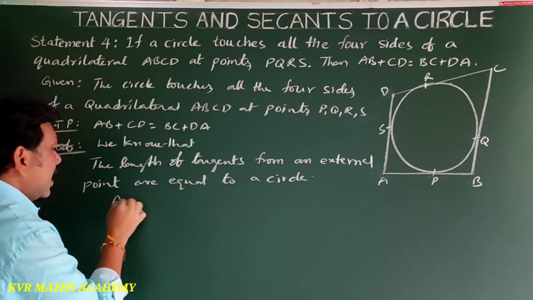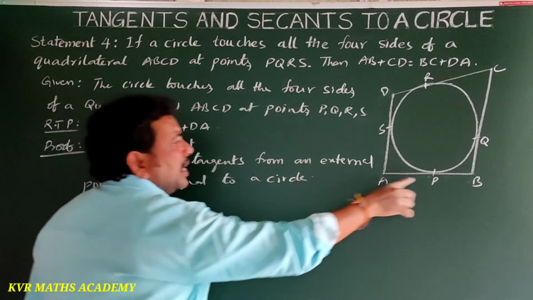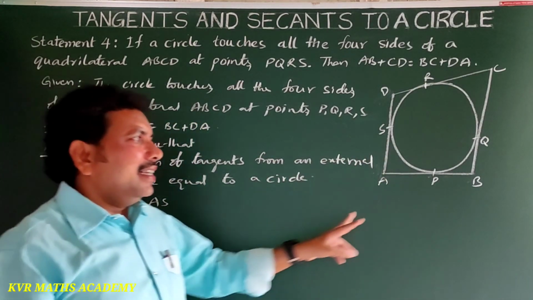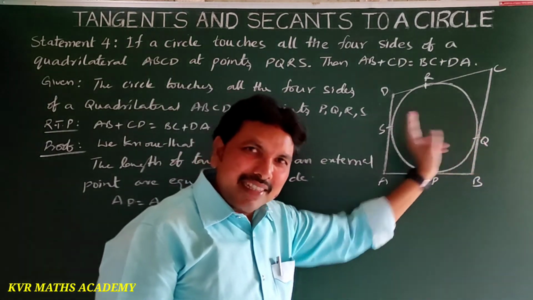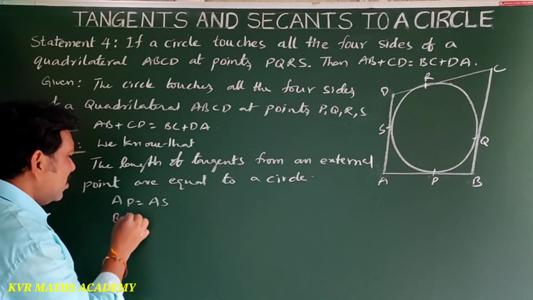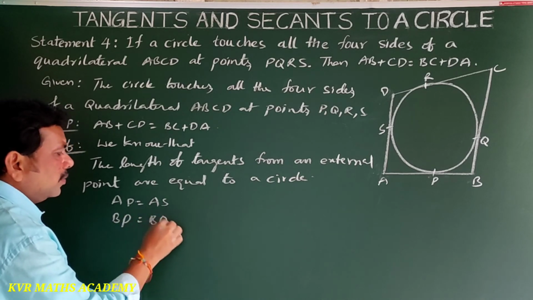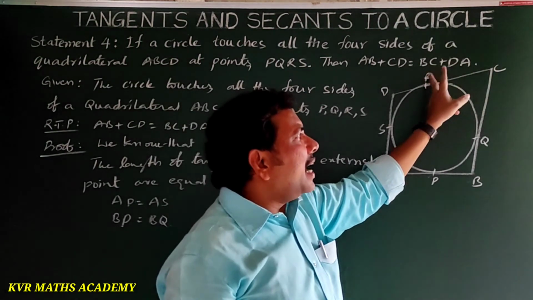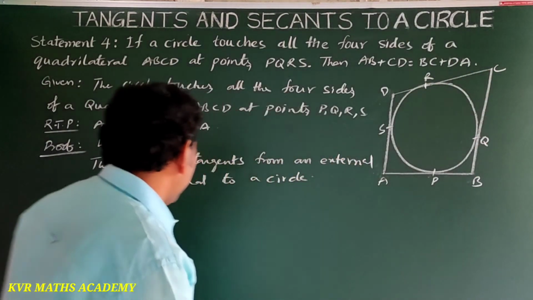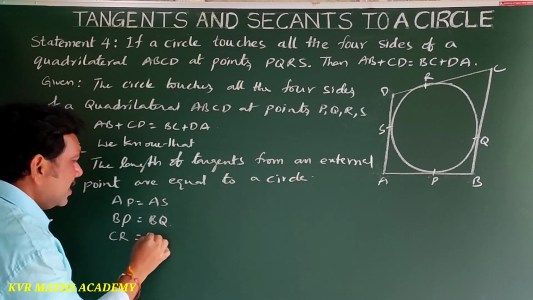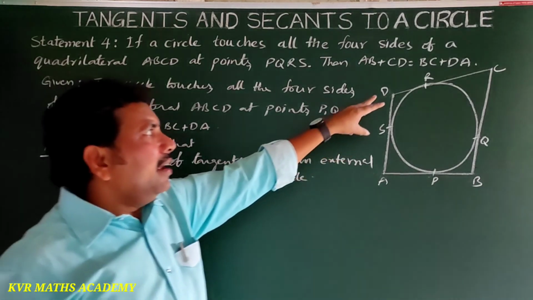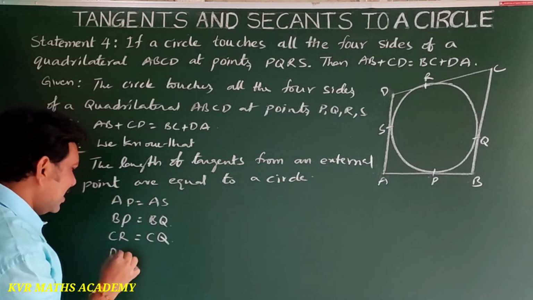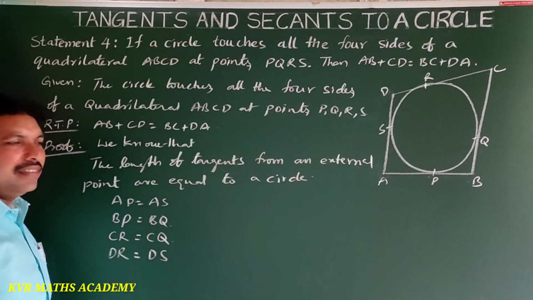From that, AP is equal to AS. In the same way, BP is equal to BQ. Next, from this point, CR is equal to CQ, isn't it? Next, in the same way from point D, DR is equal to DS, right?